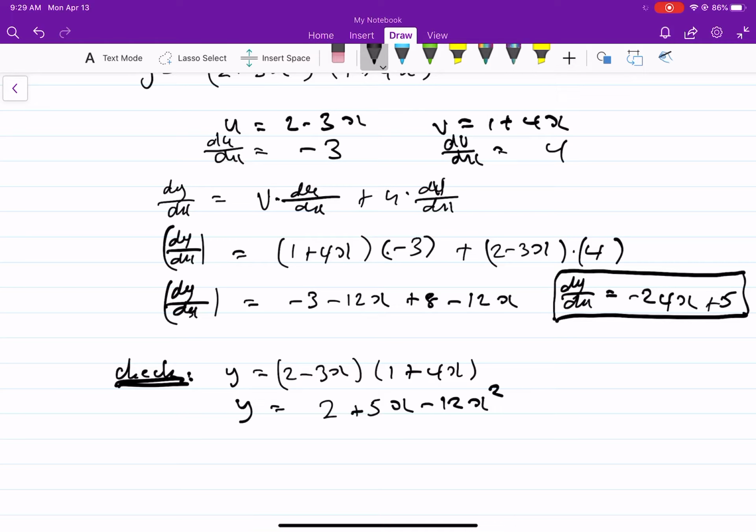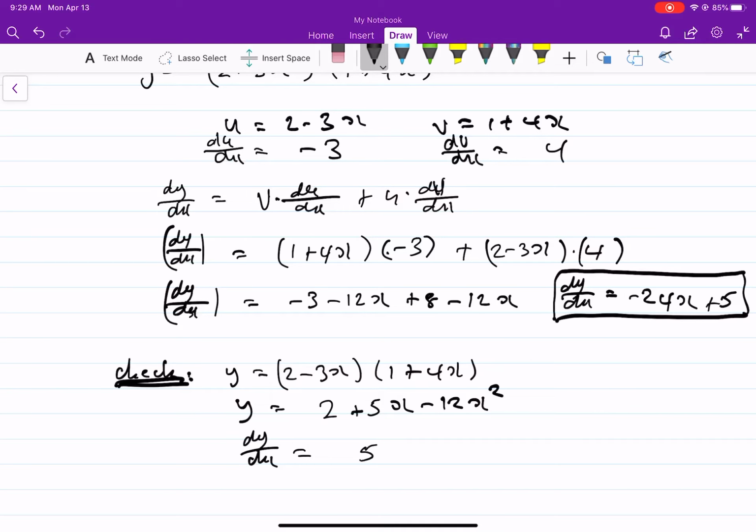2 minus 3x times 1 plus 4x. Open up your brackets. Double check that again. That's 2 times 4 is 8. Minus 3x is 5x. And minus 3 by 4 is minus 12x squared. And this is your standard polynomial. Dy dx is equal to, this would be differentiated 2, you get 0.